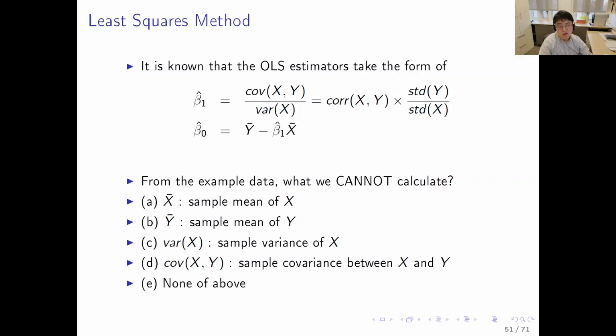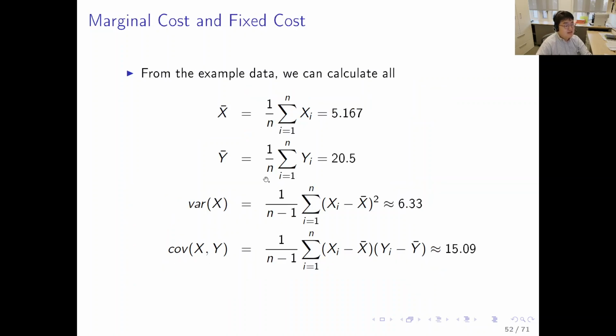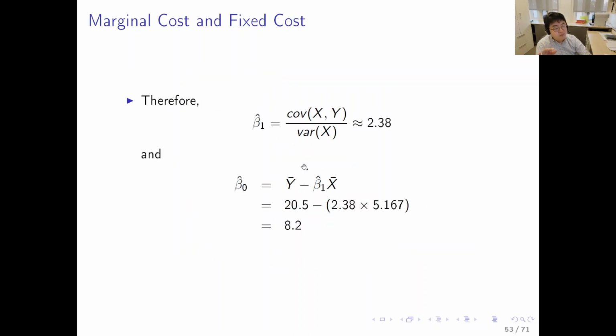So actually the minimization problem is not that hard for the computer to do, right? Computers can do that pretty easily. You can just calculate those coefficient estimators by calculating the sample mean, variance, and covariance, and then you can calculate the beta from those numbers, which is also pretty straightforward.